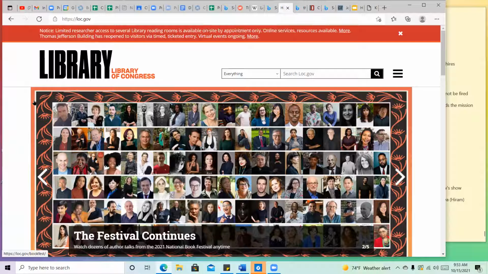Turns out that the Library of Congress is the largest library in the United States. And one of the requirements that they created many years ago is that every single book published in the United States, every publisher has to send a copy of that book to the Library of Congress.